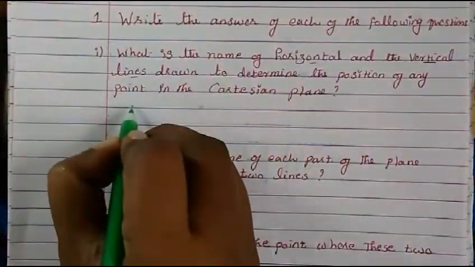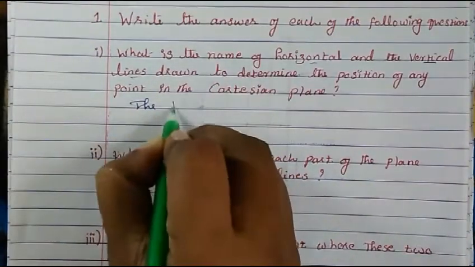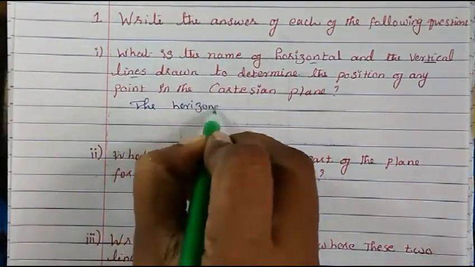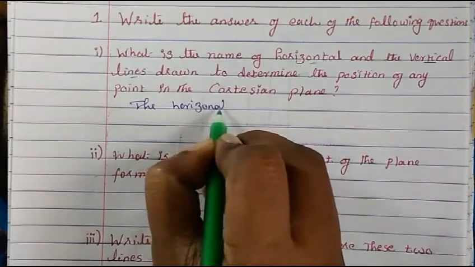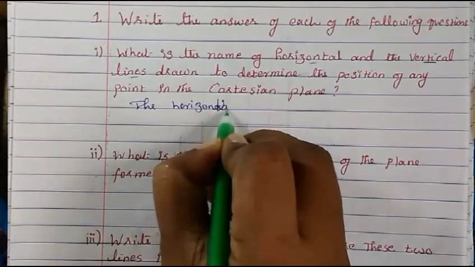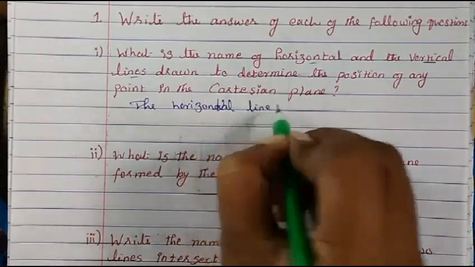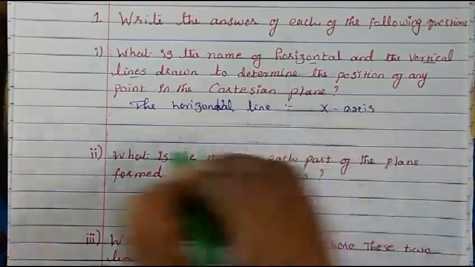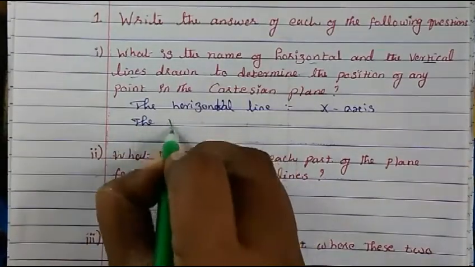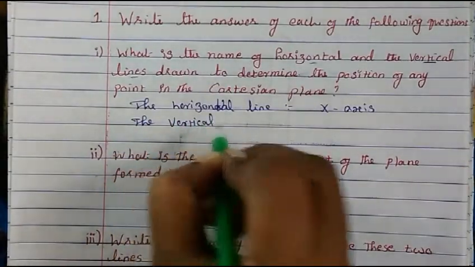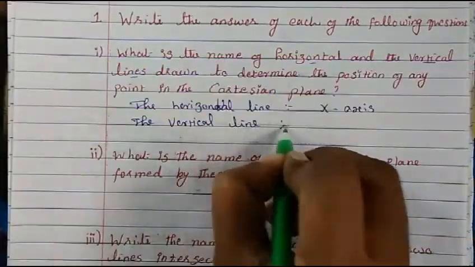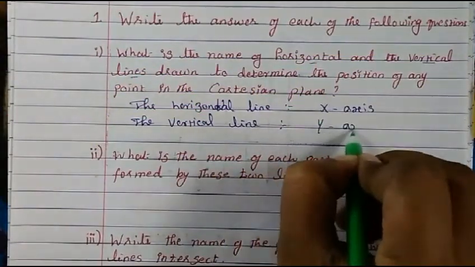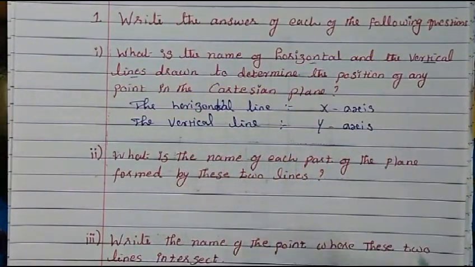So you have to write, the horizontal line is x-axis, the vertical line is y-axis. So this is the answer.